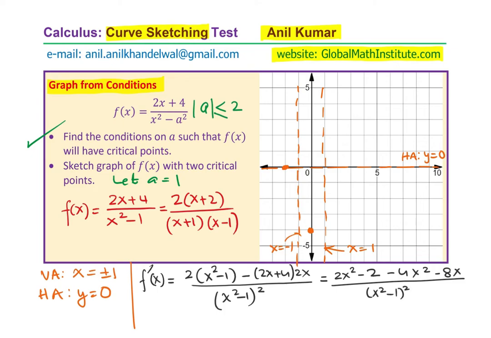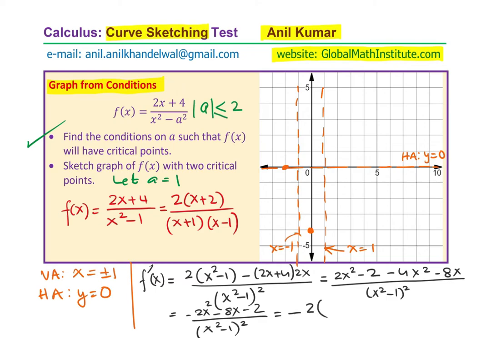Now that can be simplified. So we have minus 4x squared minus 2x squared is minus 2x squared. So we have minus 2x squared minus 8x and minus 2 over x squared minus 1 whole square, which can be simplified as minus 2 is common.